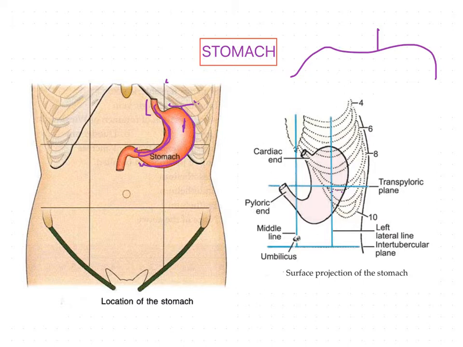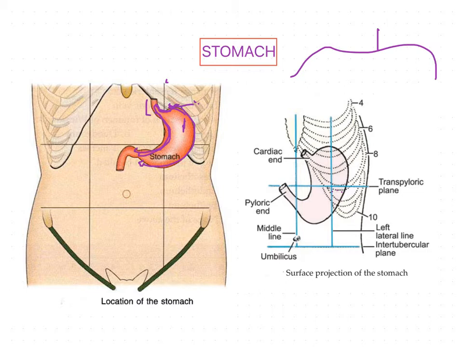It provides attachment to the greater omentum and also the gastrosplenic and gastrophrenic ligaments. At the upper end of the greater curvature there is a cardiac notch, which separates the stomach from the esophagus. These are the two curvatures. We have finished the two ends and two curvatures.